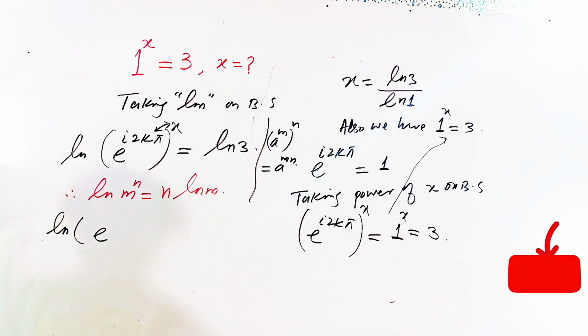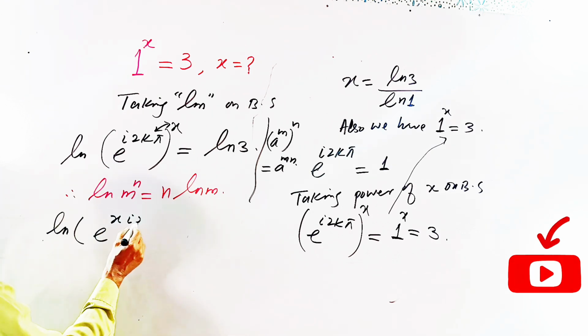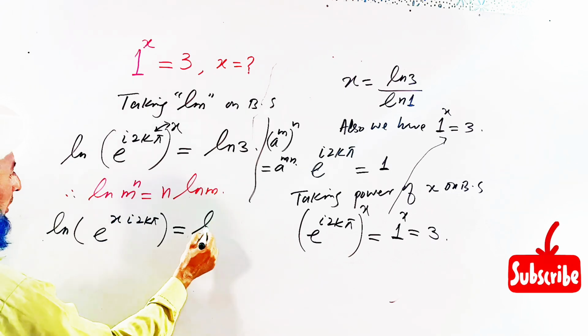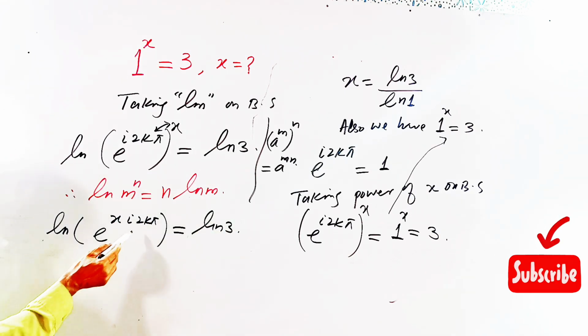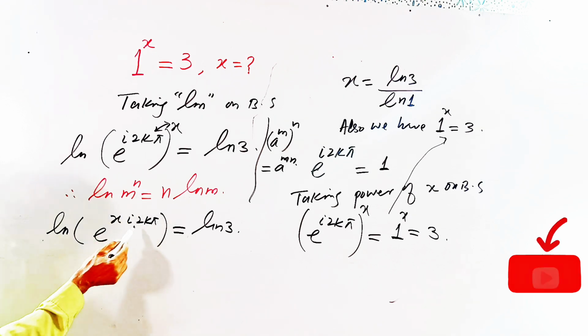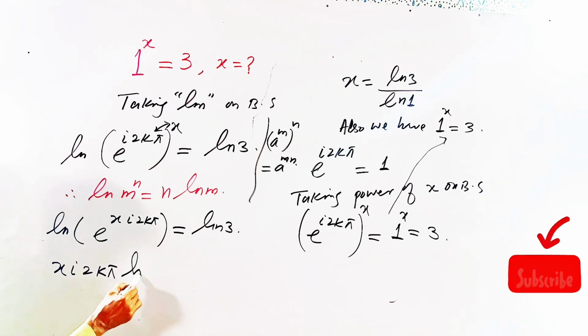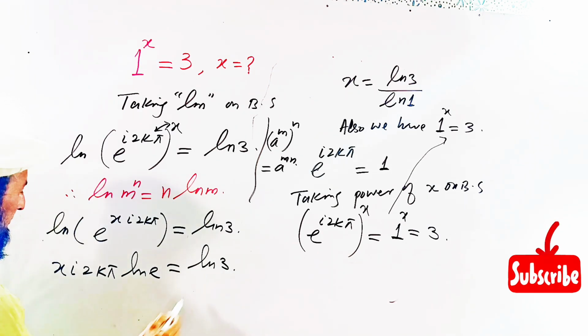According to this rule, we are applying here first x i 2k pi log e is equal to log of 3.